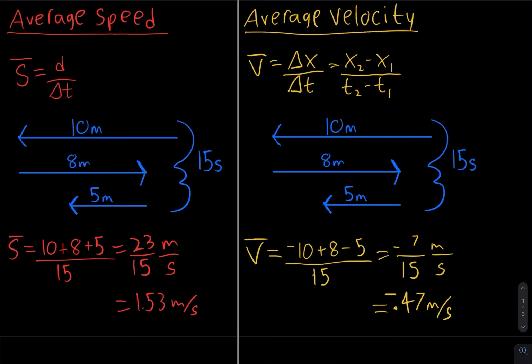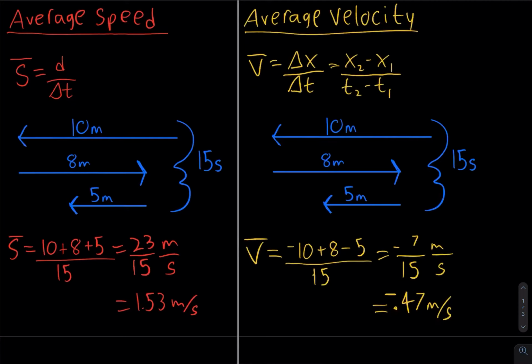So this is taking into account direction, and notice it's very different. Yes, our speed was 1.53 meters a second, but that was magnitude only. Over this entire time interval, we moved this fast, but in the negative direction. That was our average there.